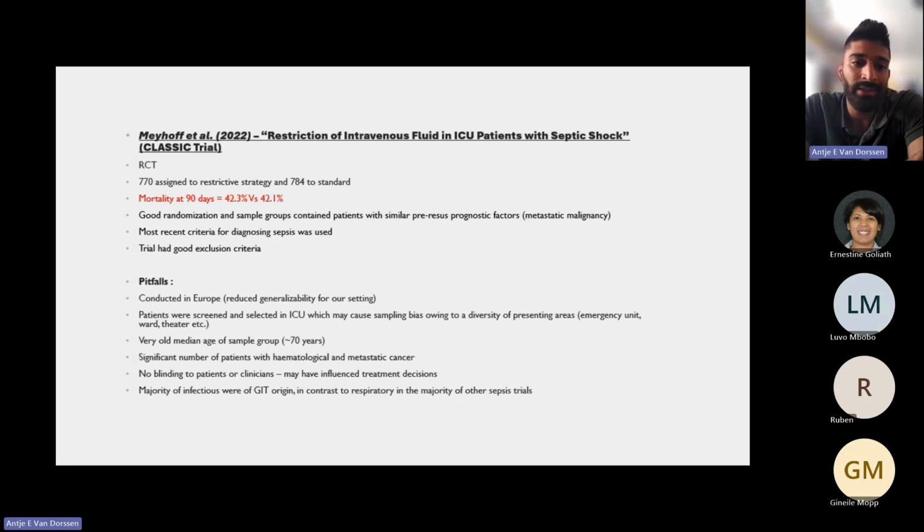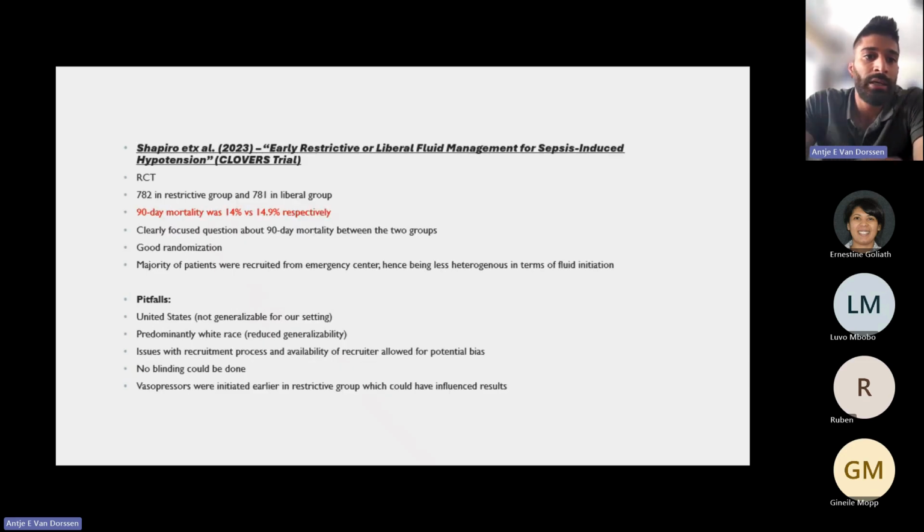And there was actually no blinding done for the patients or the clinicians, which could definitely have influenced treatment decisions. Another factor was that most of the infections were of GIT origin, in contrast to respiratory illnesses, which are mostly included in the majority of sepsis trials.